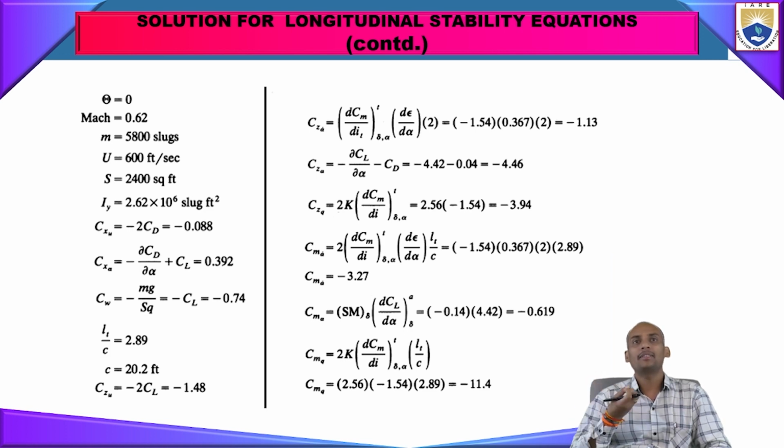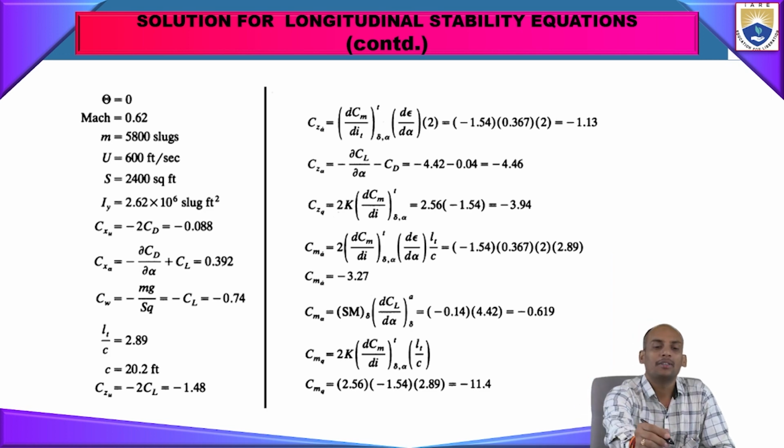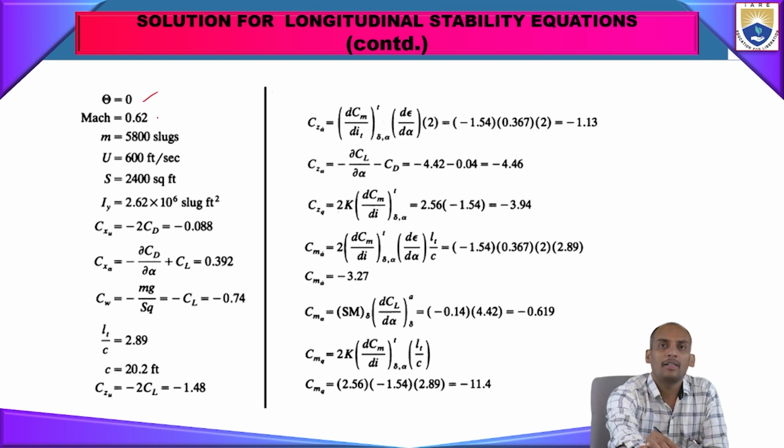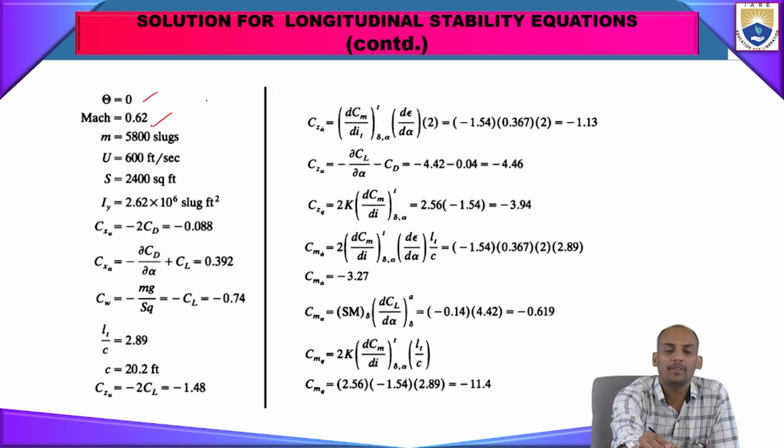This aircraft has theta value 0, and its Mach number is 0.62. It is a subsonic passenger aircraft, and its maximum weight is 5,800 slugs, which if you convert into SI units will be around maybe 4 to 5 tons. Its velocity is around 600 feet per second.